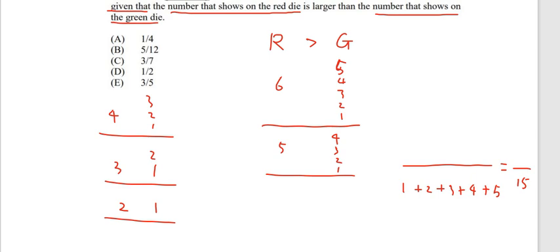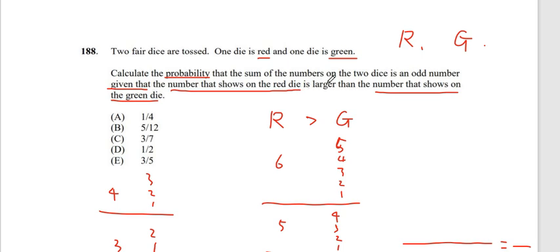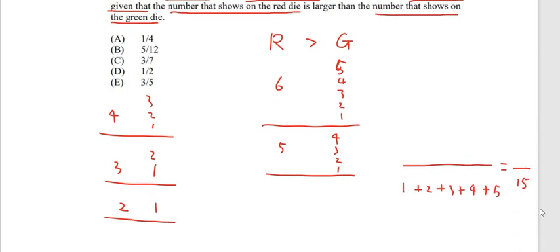So among those 15 cases, how many satisfy that the sum is an odd number? So we check how many cases, right? So here, okay, 1 case. Here, like here 1 and here 1, right? On the 3, 2. Yeah. So here adding them up is odd.